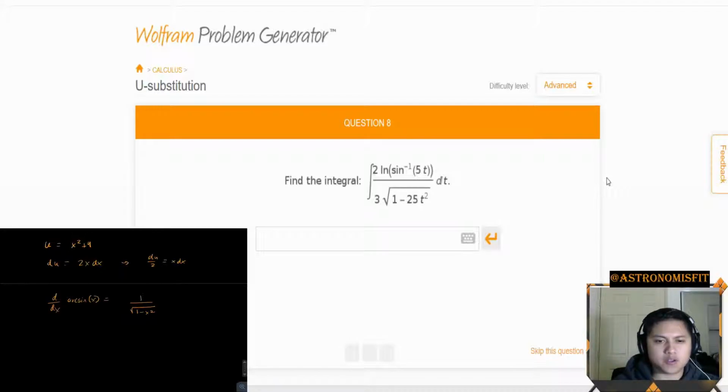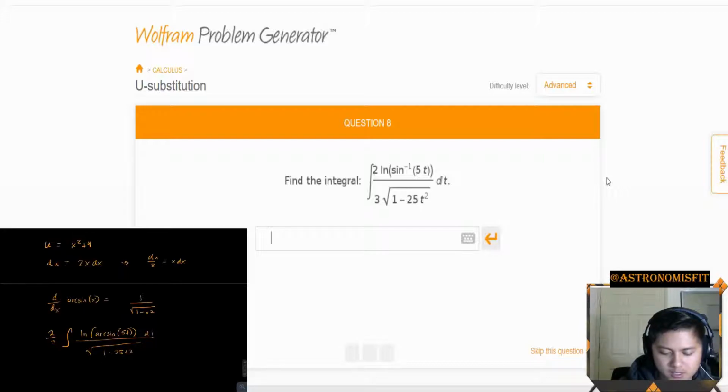So we have a log. So let's think about this one. So we have 2/3 on the outside. We got a log. I'll write this arc sine, I don't like sine inverse. So arc sine of 5t over the root of 1 minus 25t squared.